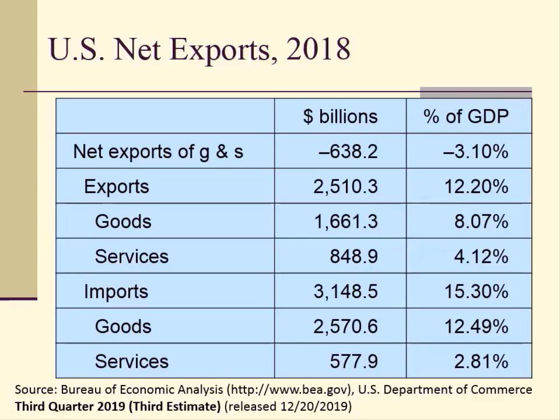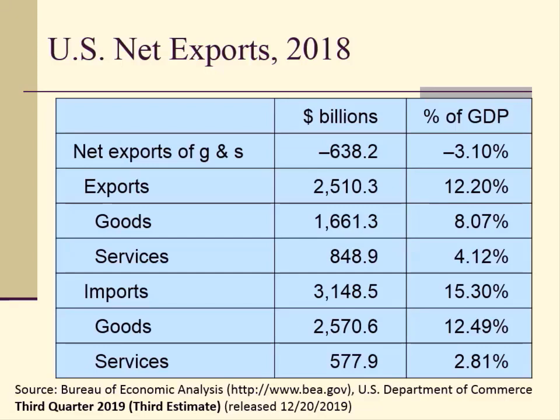That's a significant negative. Because net exports equal exports minus imports, exports must have been less than imports. As you can see in this table, exports were equal to $2.5103 trillion, approximately 12.20% of GDP, while imports were $3.1485 trillion, approximately 15.30% of GDP.